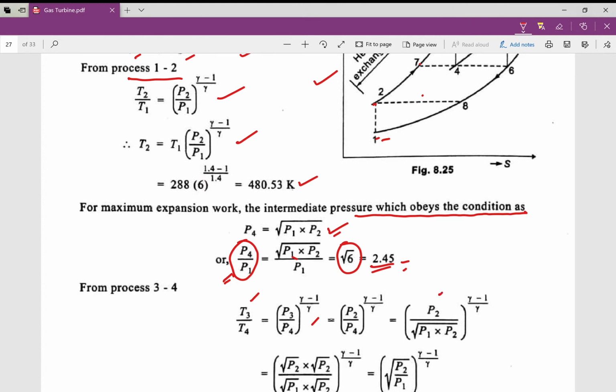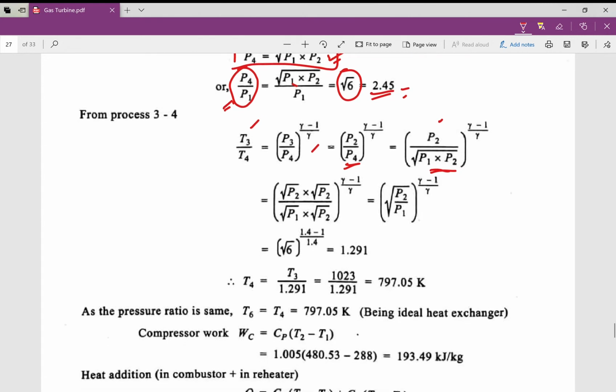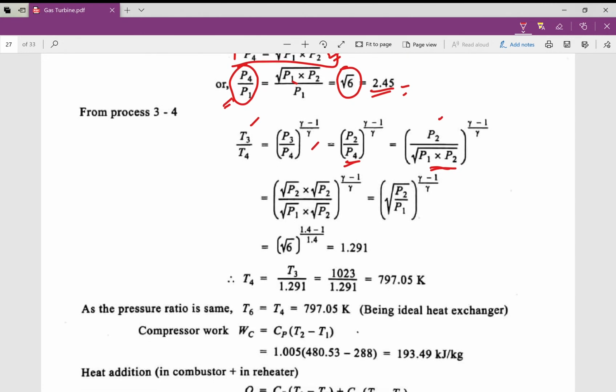This P4 is already written, that is under root of P1 into P2. Right. So in this way we can write overall, and finally this ratio T3 upon T4 is coming 1.291. Already the value of T3, the maximum temperature, is given in the numerical, so we can get the value of T4 which comes out as this one.